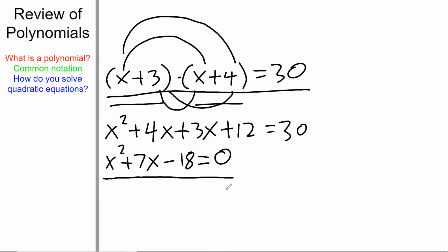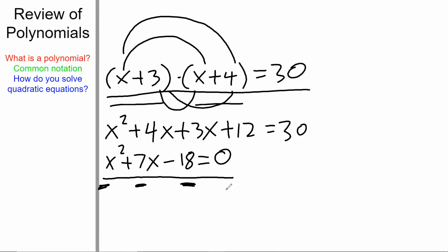And to try to solve for this, you could use the quadratic formula, which I would recommend you try not to use if you have a quadratic with really easy coefficients. Like all of these coefficients right here are just integers. If you use the quadratic formula, it's going to get really messy really quick because you have a lot of square roots and fractions.